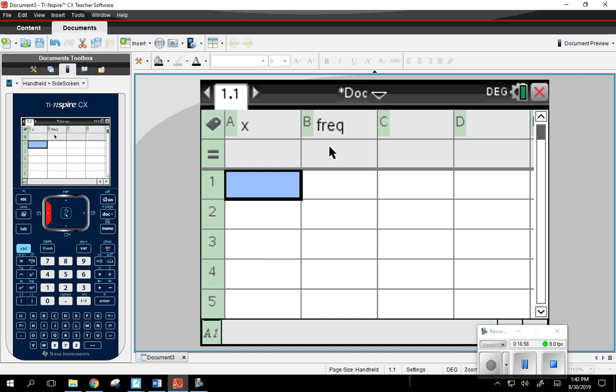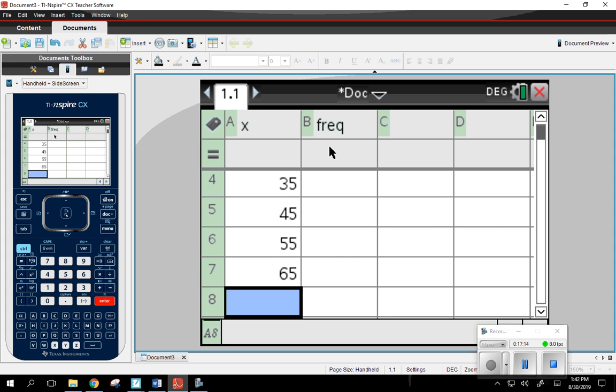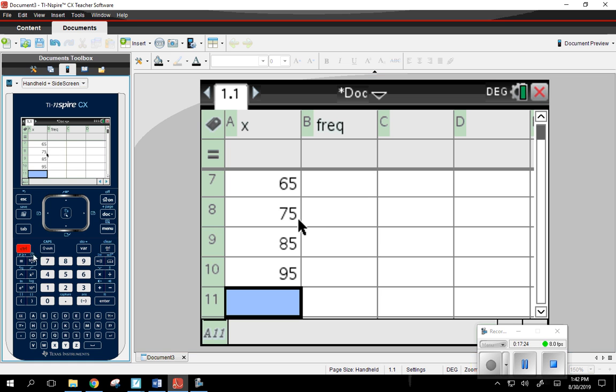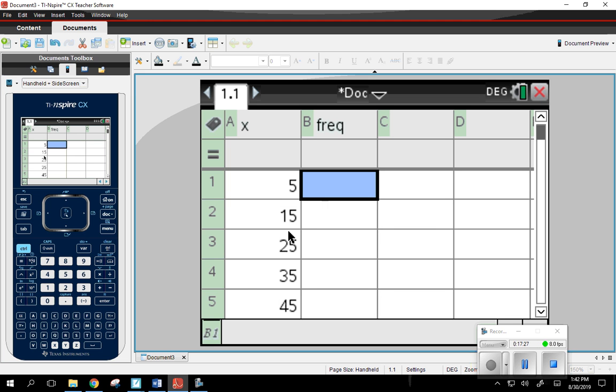We already said that the first midpoint, for the first interval, is going to be 5. Then it goes 15, so they're going up by 10 each time: 25, 35, 45, 55, 65, 75, 85, and then 95 for 90 less than or equal to x less than 100.